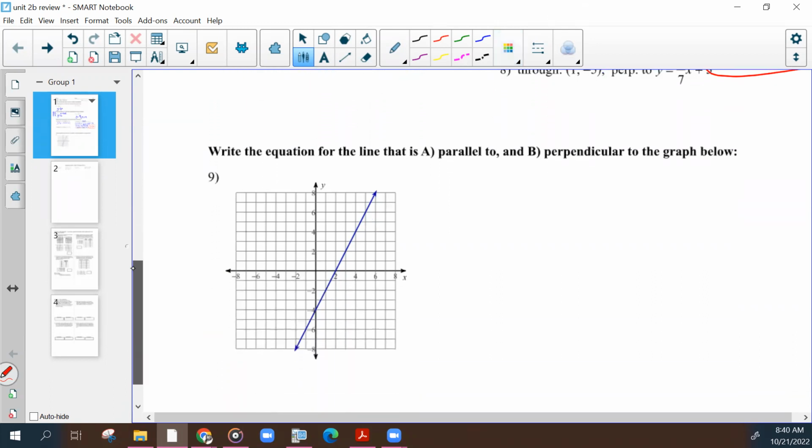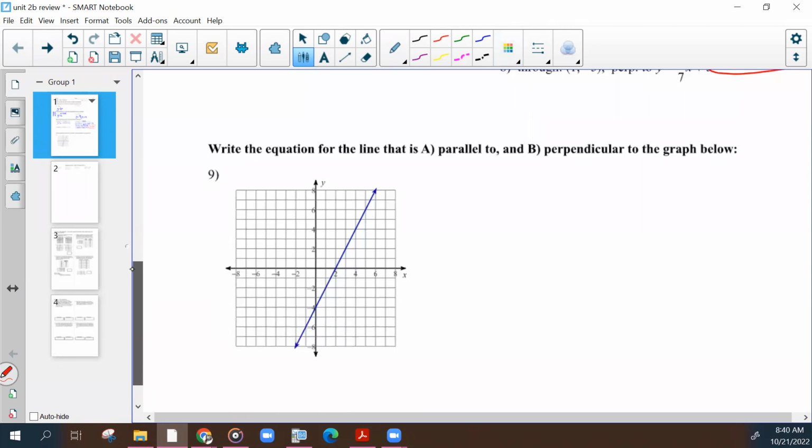For 9, I would find the equation of this line, or at least the slope. You kind of need the y-intercept for the parallel, so it's not the same. Y-intercept is at -4, slope is at +2.